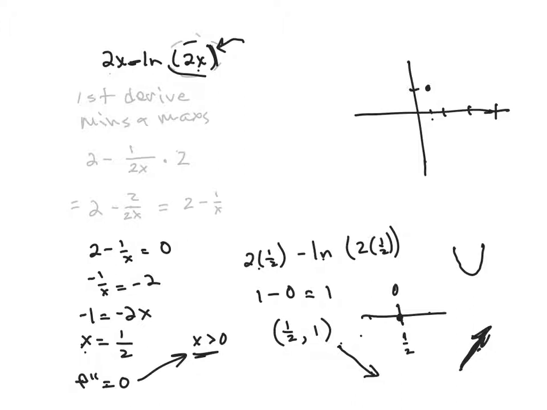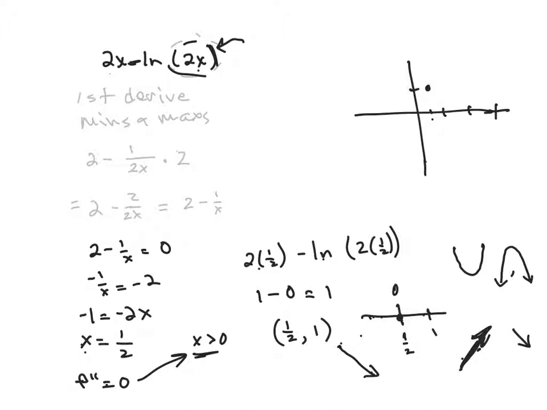If it's the other way around and I go from positive to negative, so increasing to decreasing, well, then I have a max. So what I need to do is figure out whether the values of x in the derivative are going to be positive or negative around this minimum or maximum. So a good point here would be maybe to plug in 1.